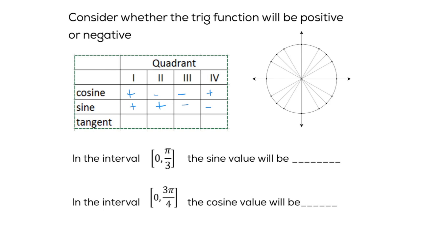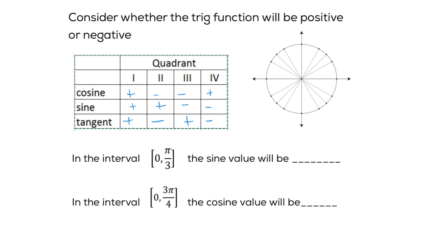Remember, tangent is just the sine over the cosine. So if you can just look at these 2 signs, that'll determine what you're doing. Because I would be putting a positive over a positive. That's just positive. Positive over negative is going to be negative. Negative over a negative is a positive, and a positive over a negative is a negative.